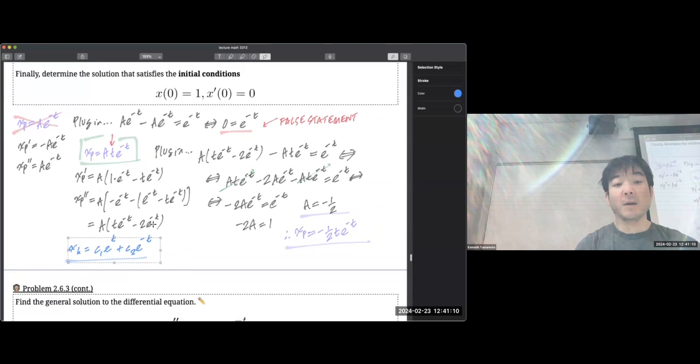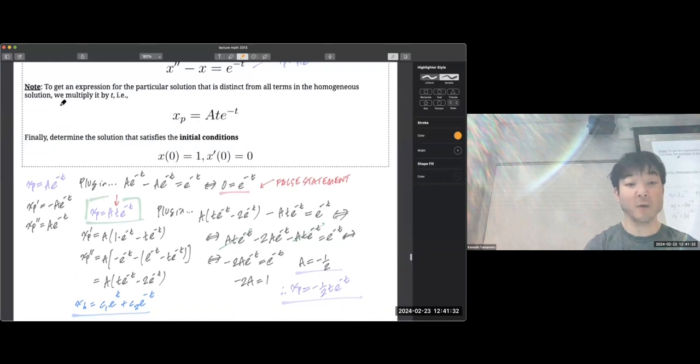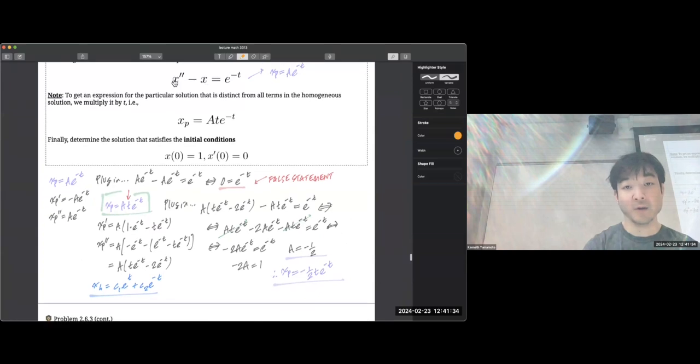And this is where it's probably even more clear that there would have been an issue. This was our particular solution form that we had proposed. I'll take off the red X right here. If you look at this one, we said that e to the negative t we were proposing would be the solution form for the particular solution that would satisfy this differential equation.